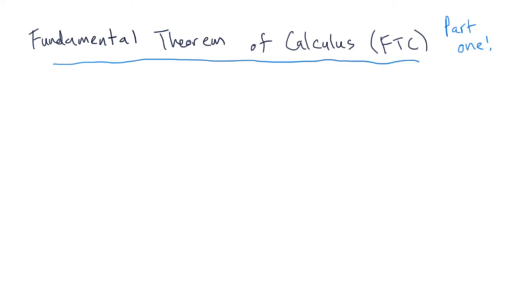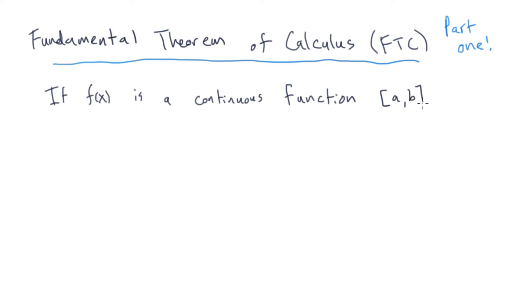Okay, so the setup is exactly the same. If f of x is a continuous function on a closed interval, say a to b, then what can we say?